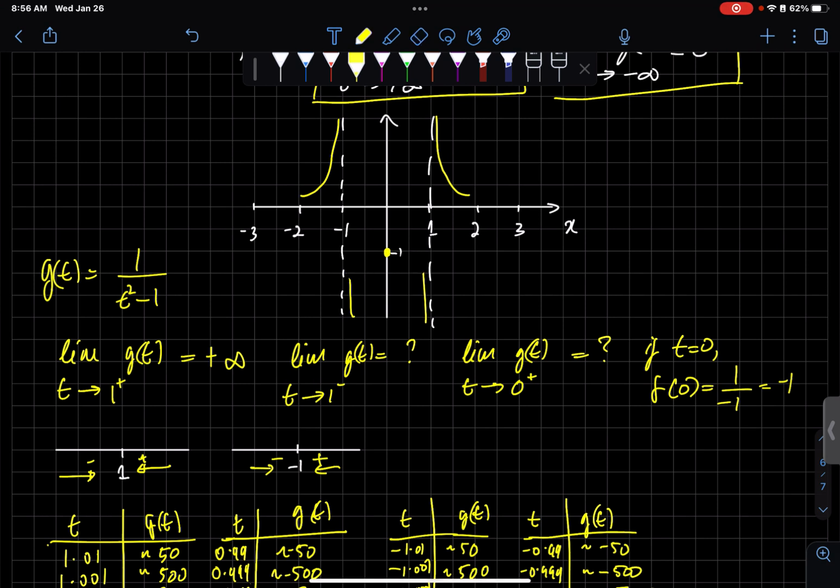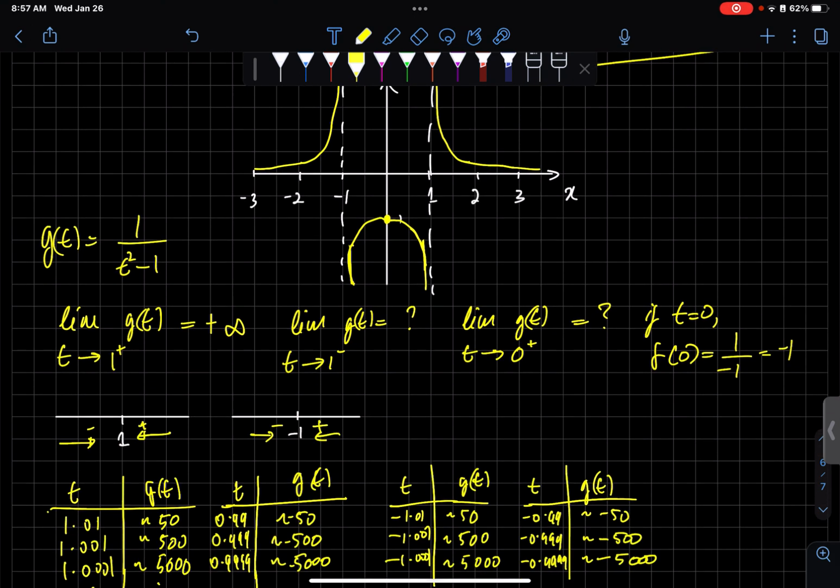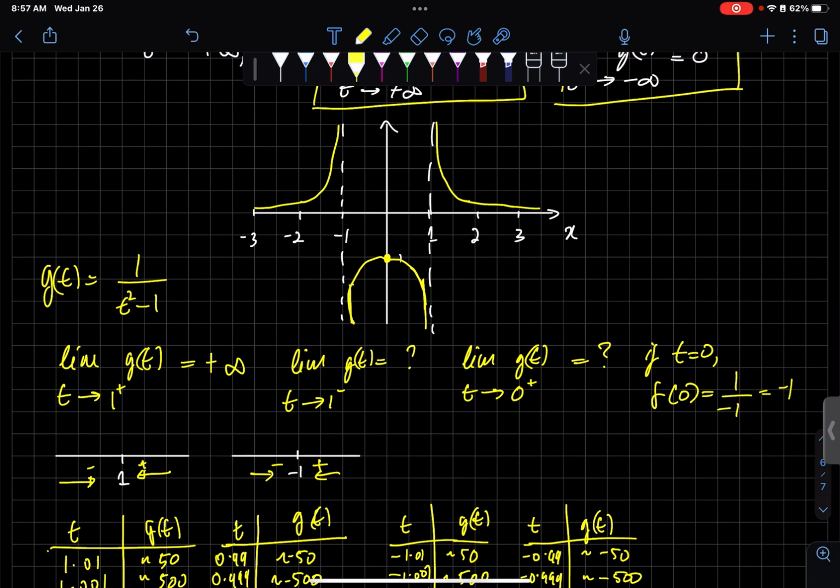What's actually happening is the function does something like that. At t equals 0, the function is 1, and then as t goes to infinity and negative infinity, we know it approaches 0. So it is getting closer and closer to 0 on this side and on that side, and this is what this function looks like.